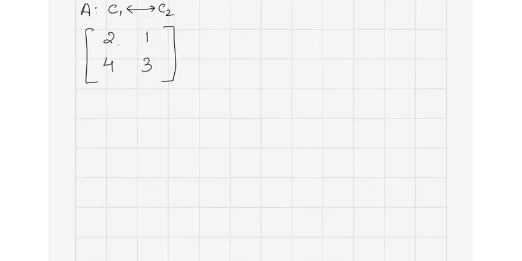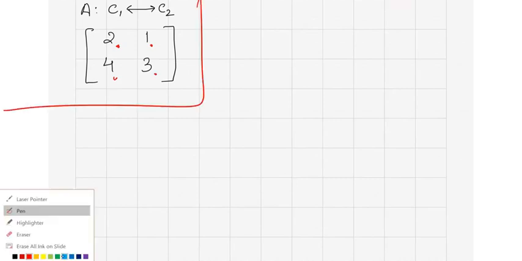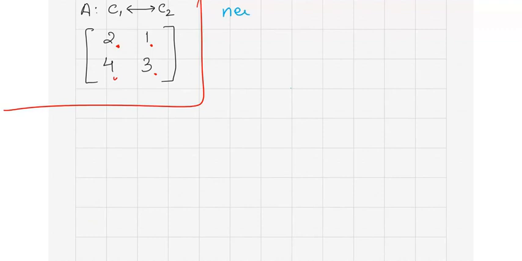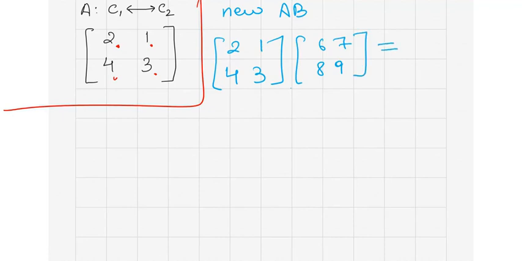Coming to column transformations, let's apply a column transformation on A. Let's interchange column 1 and column 2. That gives us the matrix 2 1 4 3, and that changes our product AB from 1 2 3 4 times 6 7 8 9 to 2 1 4 3 multiplied by 6, 7, 8, 9, which comes out to be 20, 23, 48, 55.